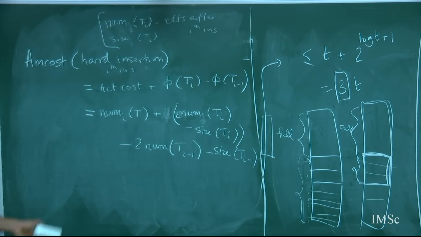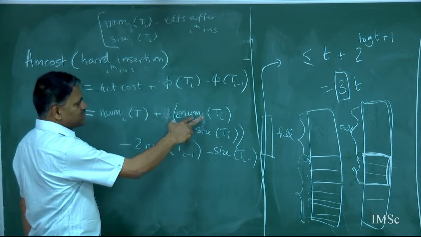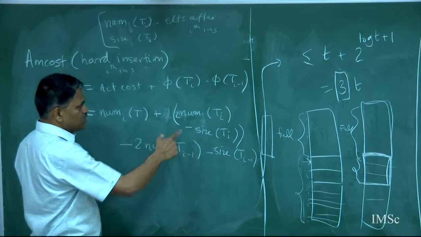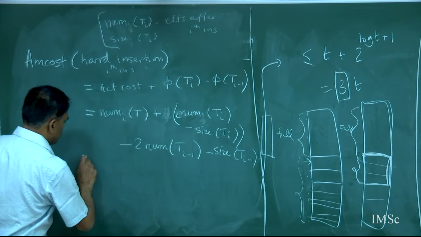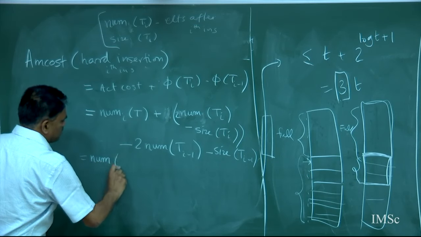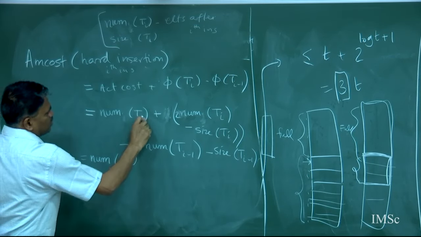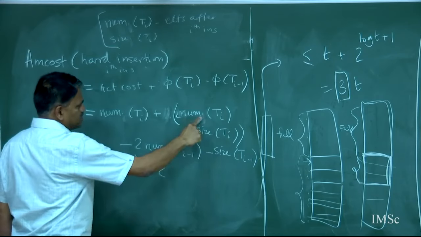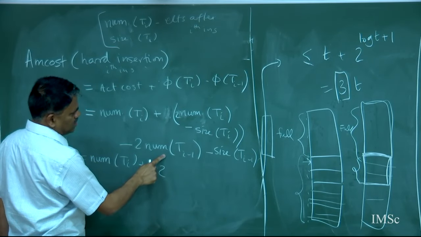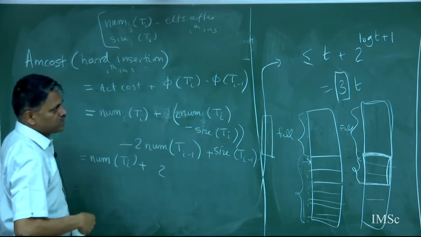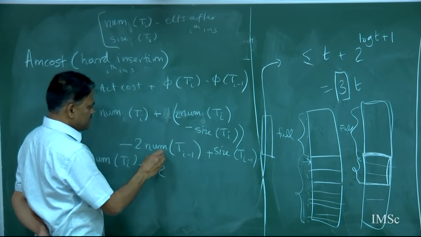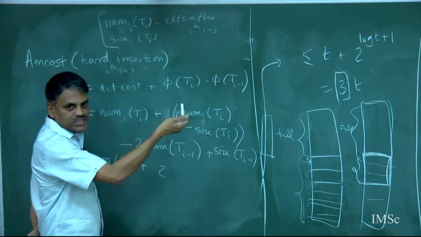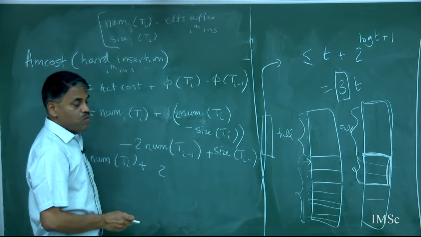Everything changes, size and number, so let's capture all of that. The number changes by 1, so 2 times this minus this will be plus 2, because this minus this is exactly 2 since the number increases by 1.